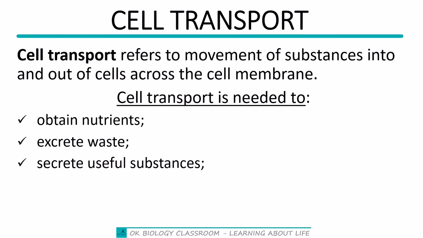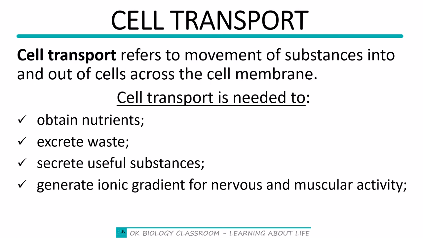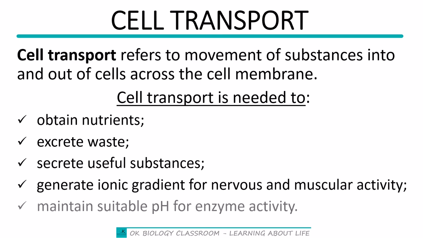So to secrete useful substances, that is another reason why cell transport is very important. And to also generate ionic gradients for nervous and muscular activity. And finally, we can talk about to maintain suitable pH for enzyme activity.